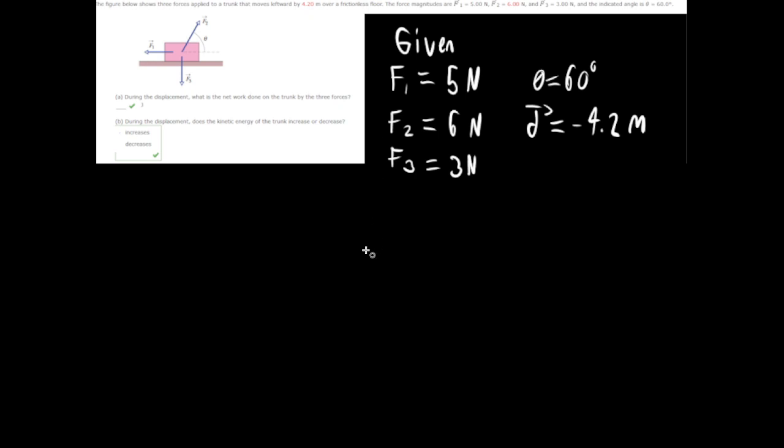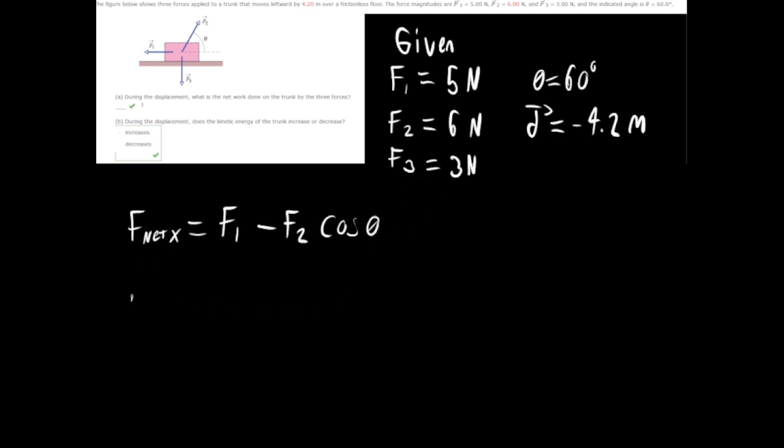So let's see. For just the x direction, F net x is going to be equal to force 1 minus F2, and now we're going to have to make sure this is cosine theta.